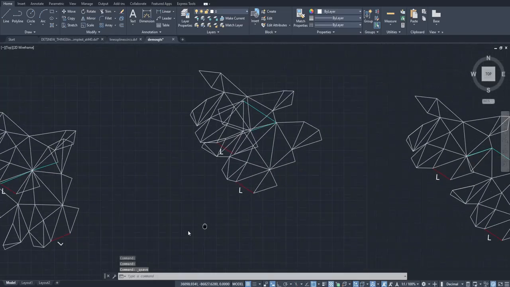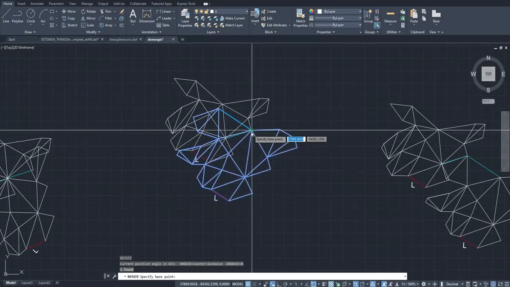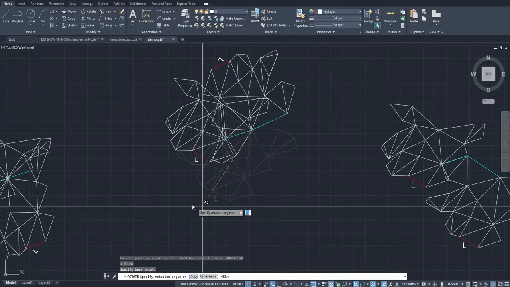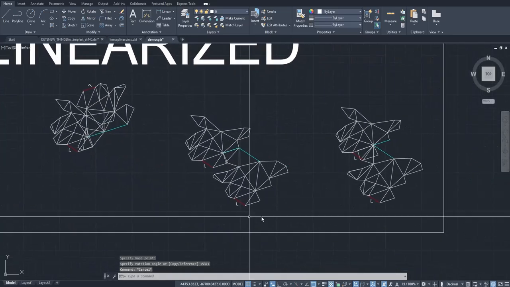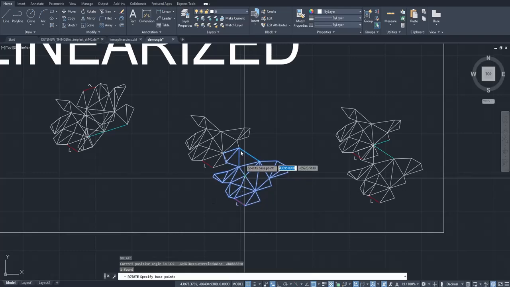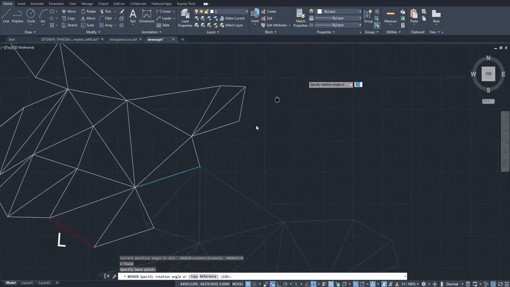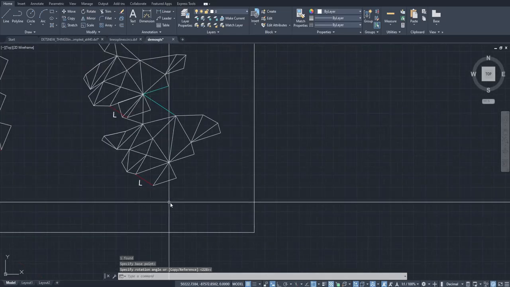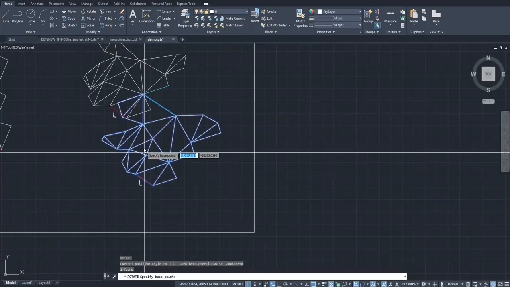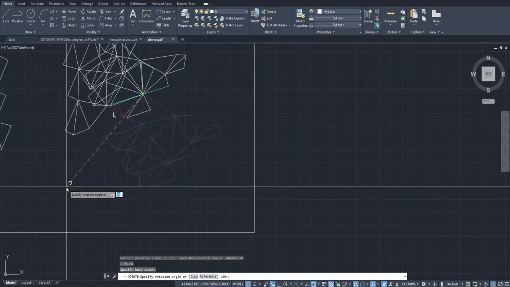And for this second case, the collinearization is done like this, and the output line segments are now collinear. In this case, the collinearization is done, and here the addition is now possible. For this case, collinearization is done, and now the addition looks good.